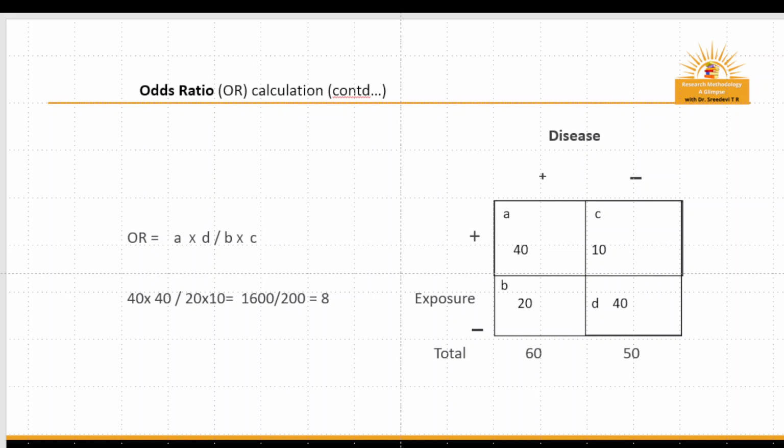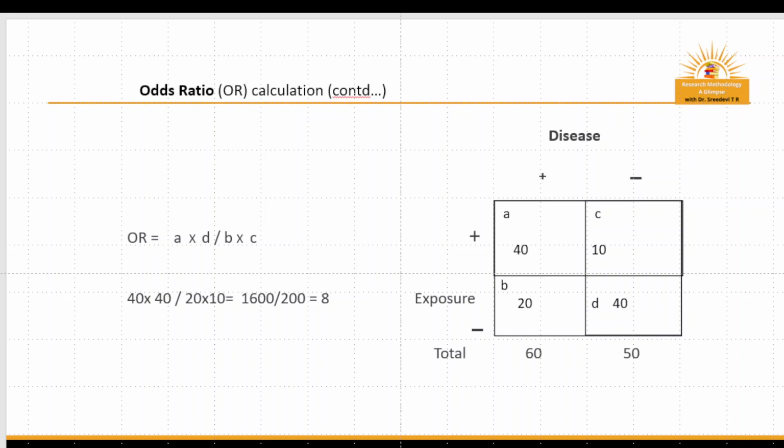So the value of OR obtained here is 8. What does this 8 mean? How to interpret this odds ratio of 8? Smokers are 8 times more likely to get lung cancer than non-smokers.